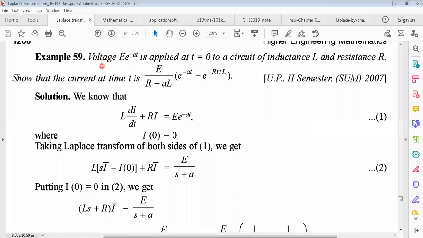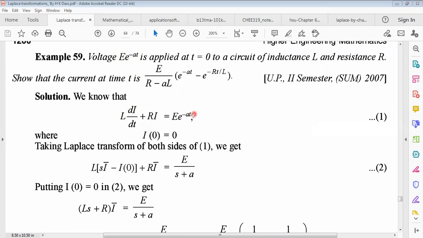Another example, voltage. If the voltage E e to the power minus at is applied at t equals 0 to a circuit of inductance L and resistance R, show that the current at time t will be this. Okay, we have to show this result. Now we know that this is the actually applied voltage EMF.